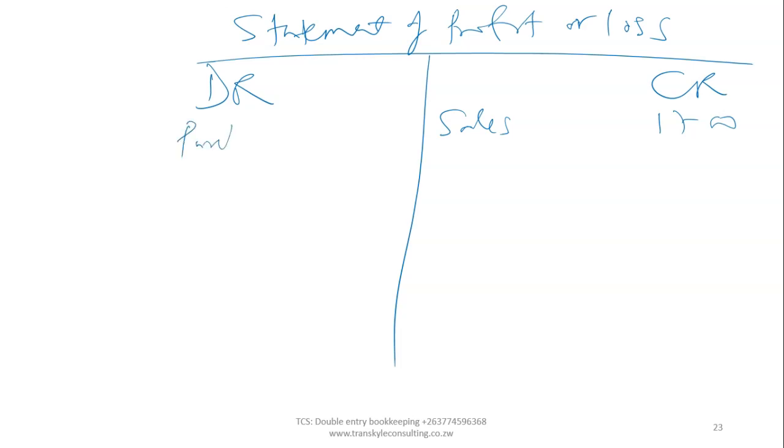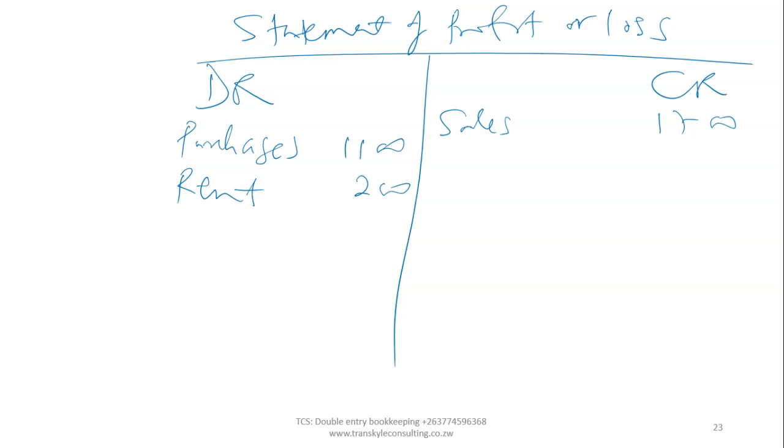We have the purchases. The purchases figure was 1,100, and then the rent, which was 200. What else do we have?